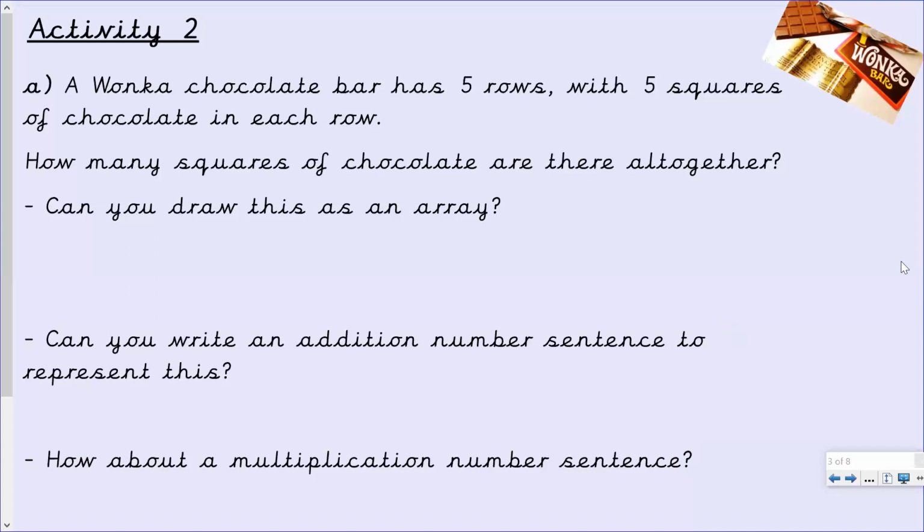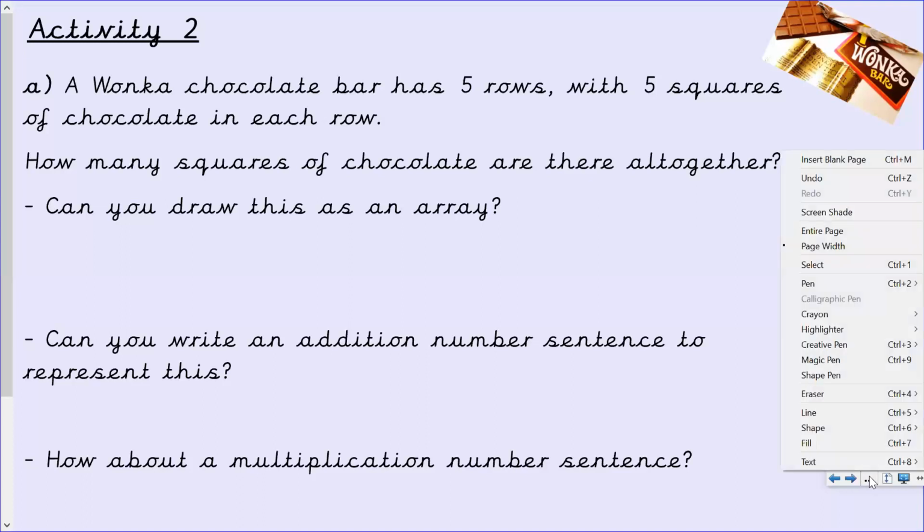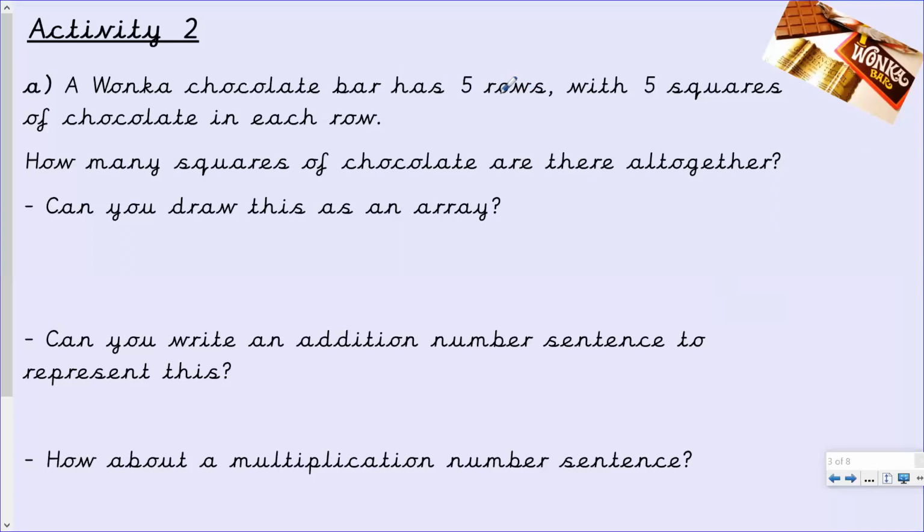Okay, so we want to draw it as an array, remembering that when you're drawing an array, there needs to be the same number of chocolate pieces in each row. So it says we have 5 rows.